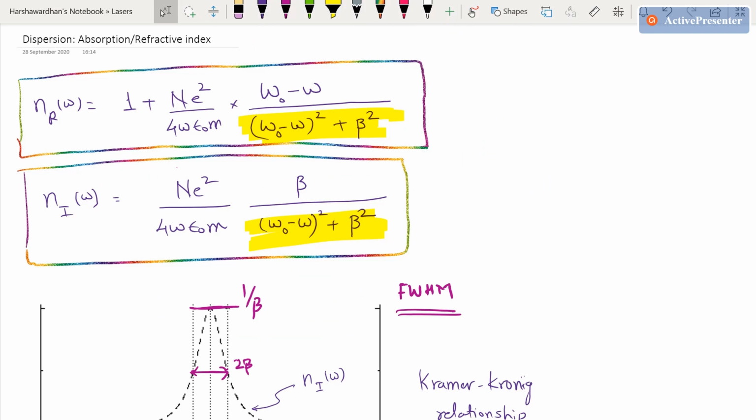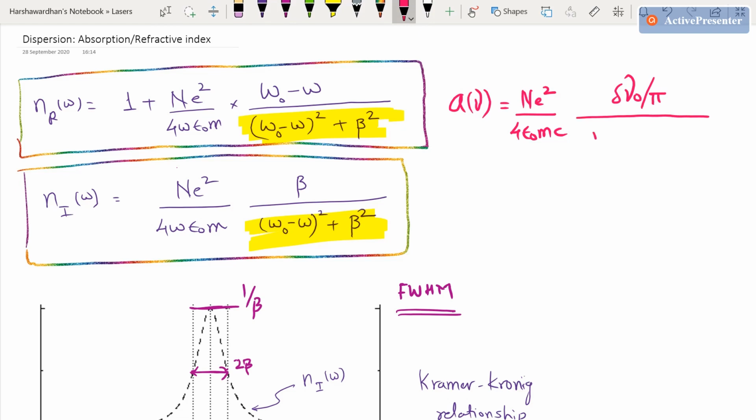My absorption coefficient, as I had indicated earlier, which is a function of nu, can be written in this form: n e square over 4 epsilon naught m c times delta nu naught by pi, over nu minus nu naught whole square plus delta nu naught whole square.